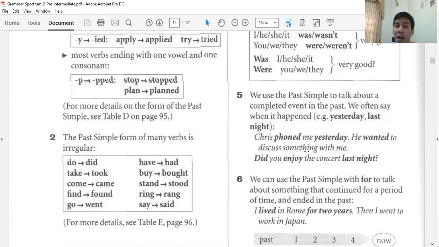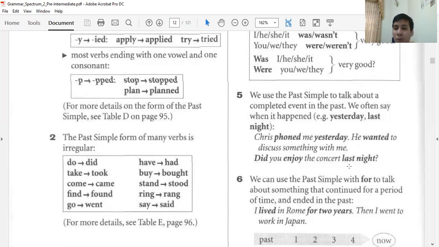So we talk about this. We want to refer to the time we did this in the past, that means yesterday we did it already. See? Okay, now move to the next example. Did you enjoy the concert last night? Maybe you attended a wedding, or maybe you attended any party last night, and it happened last night and it finished.